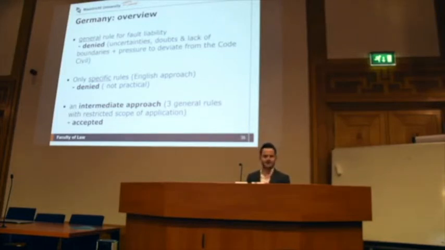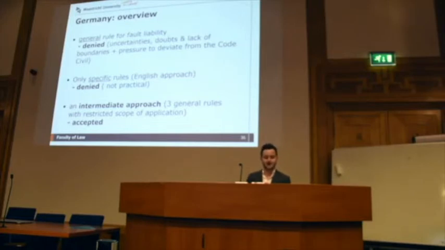Since the German nation is known for its pragmatism, the English law position, where only specific rules are to be drafted, was also considered inadequate. Accordingly, an intermediate approach was applied by the German legislator, designing 3 general rules with a restricted scope of application.